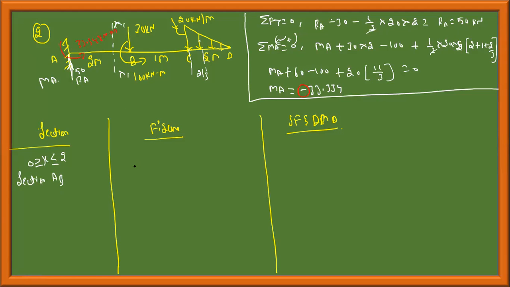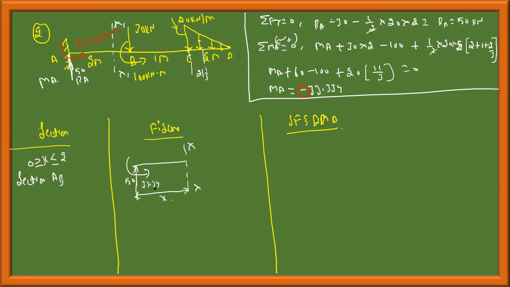Let me write the sketch with the forces only: 50 kilonewton acting upwards, 33.334 counterclockwise moment, and a section at distance x.